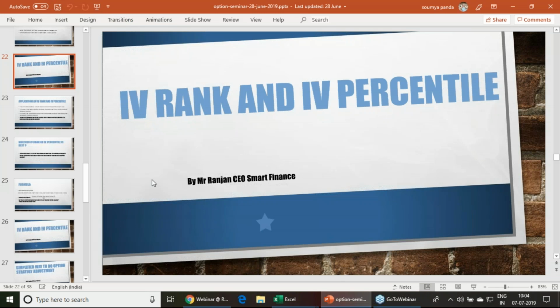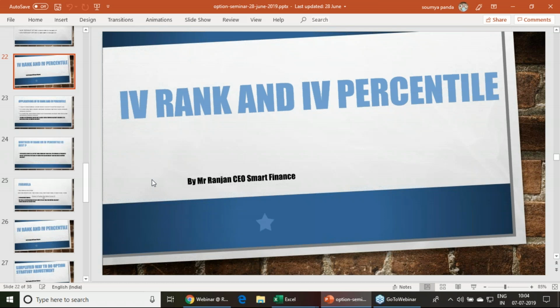In fact, in the Indian market, to implement this IV rank and IV percentile, we do not have specific tools, though we are under development of such a tool. We are in the testing phase of a specific tool.